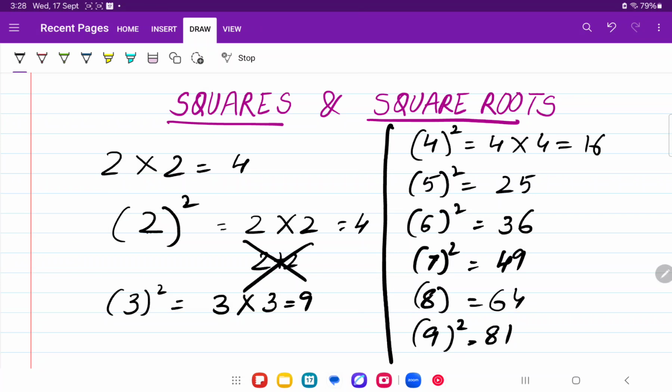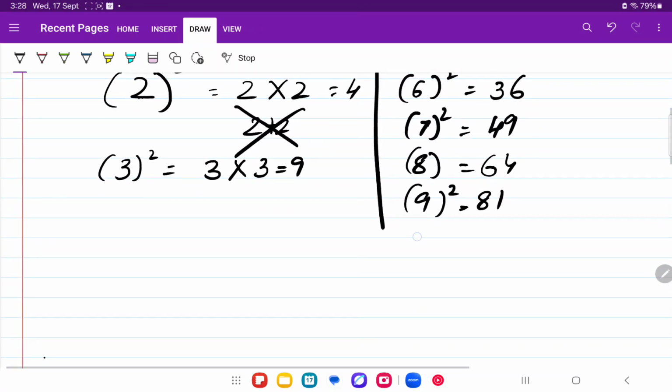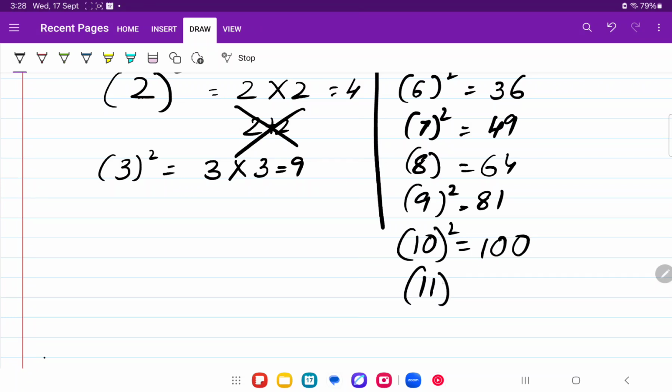Then 10 squared is 100. 11 squared is 121 and 12 squared is 144. Till here, the majority of you know what squares are and how to find them, by multiplying the number by itself.